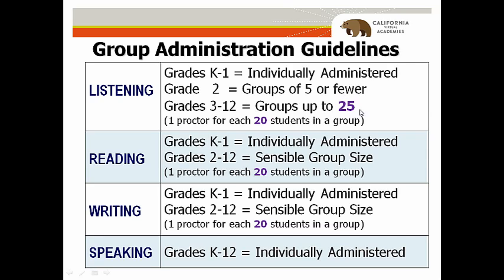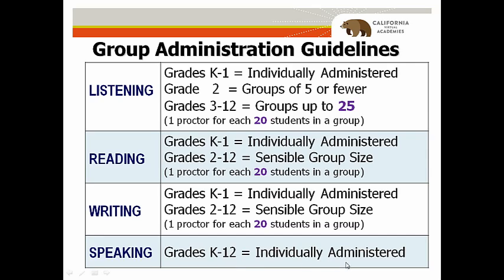For 3 through 12, we can have groups up to 25, but if you have anything over 20, you have to have a second proctor. So we need one proctor for each 20 students. For reading, 2 through 12, we can have a sensible group size, just remembering the 1 to 20. Writing, grades 2 through 12, sensible group size.